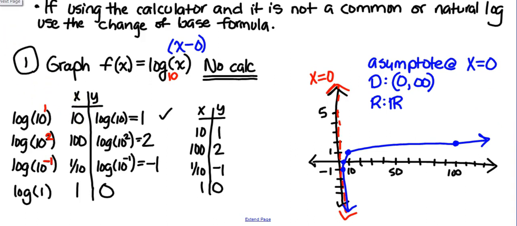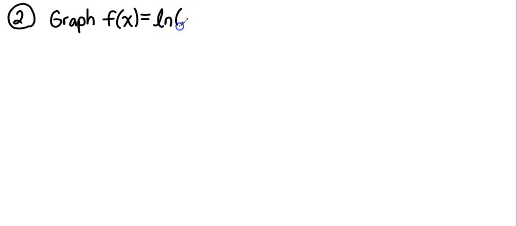Taking a look at number 2. Graph f of x equals natural log of x. Remember, we're going to leave a little space off to the left to track some of our thoughts.